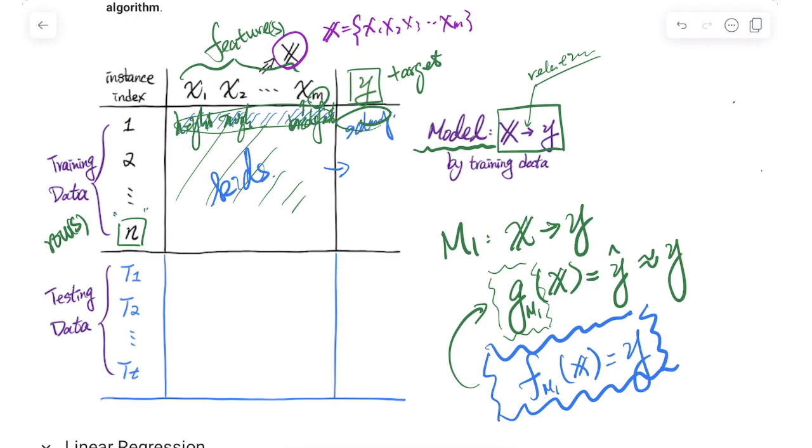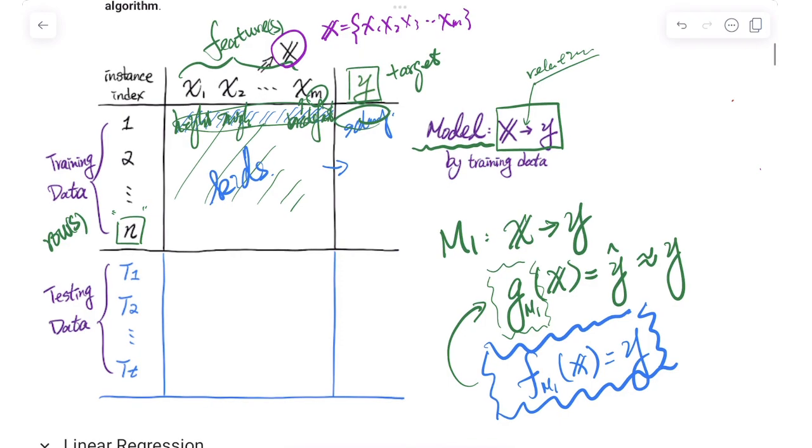Think of something. We can also use another mathematical tool to find another g function, which is M2. It also can output such things, right? Of course there are several different mathematicians or statistics experts who design different algorithms to generate different models, like g model 1 or g model 2.